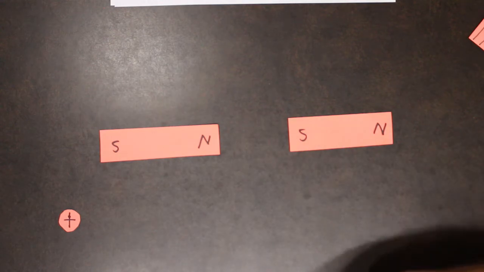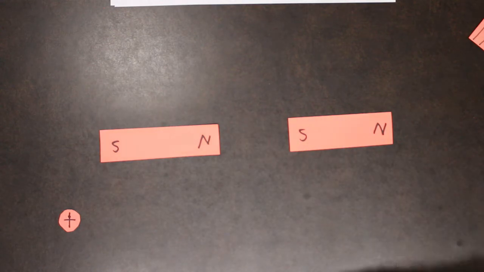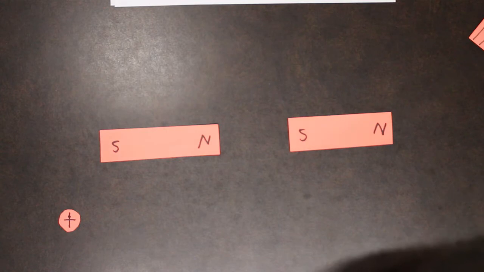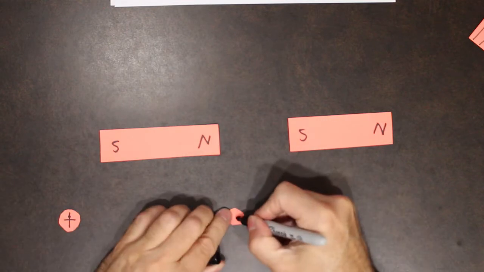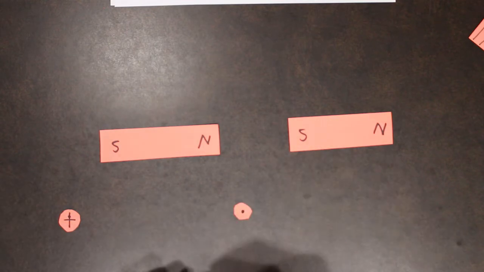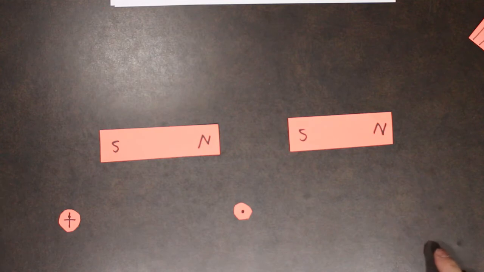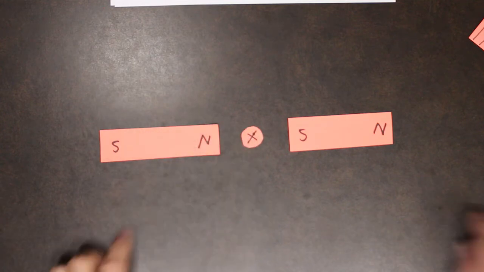And I'll grab another one. This notation means current's coming out of the table. So let's go with this one first.